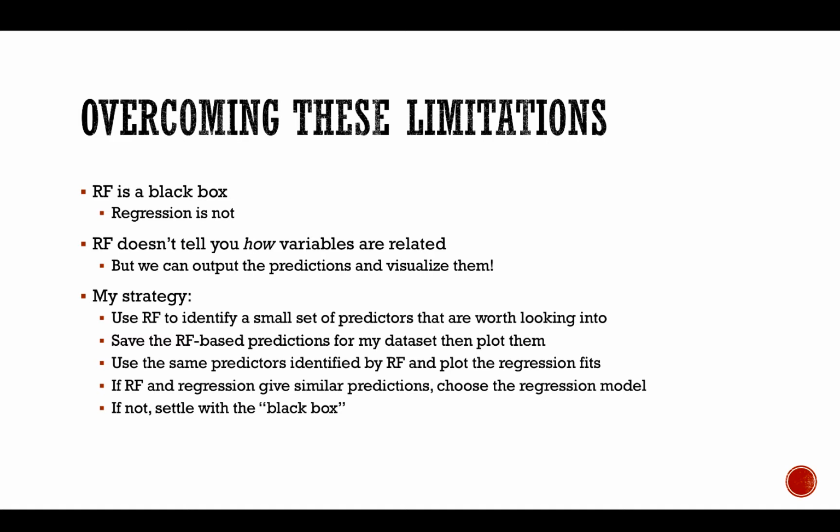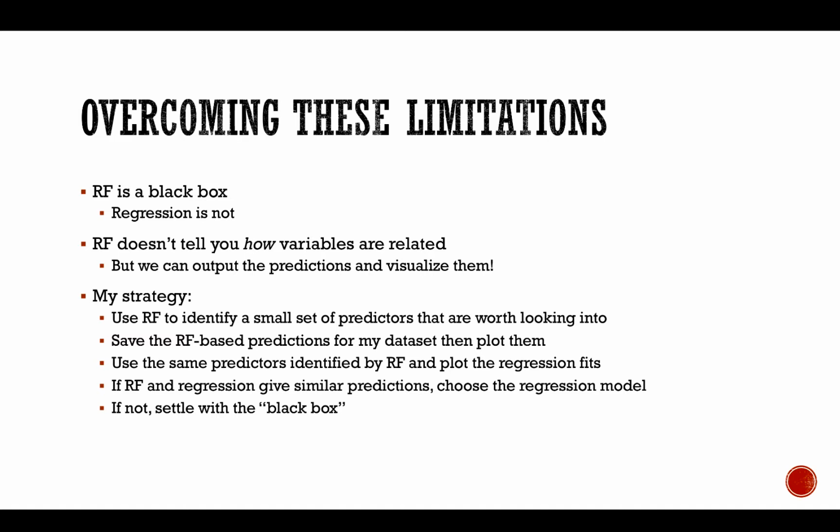From that small set of predictors, I build a new random forest model and then save the predictions based on that small number of variables. And then I plot them. And then I use those same predictors that random forest identified and plot the regression fits. And then I visually compare them and see how convergent they are.